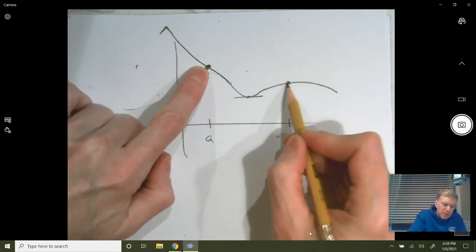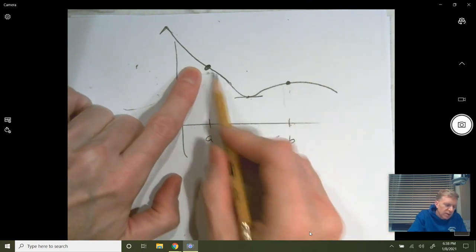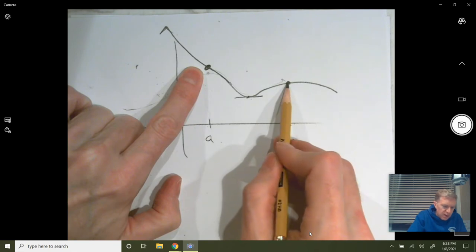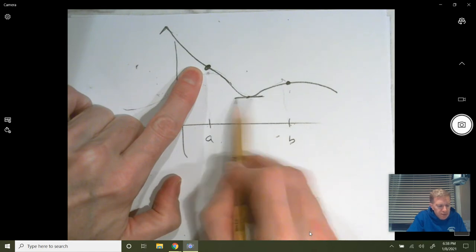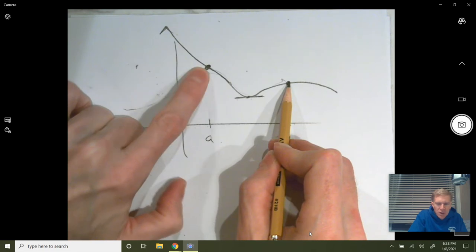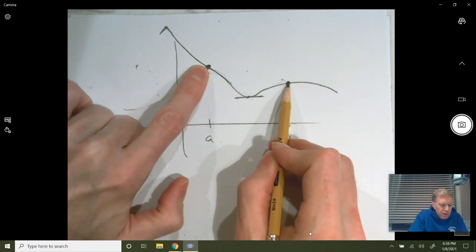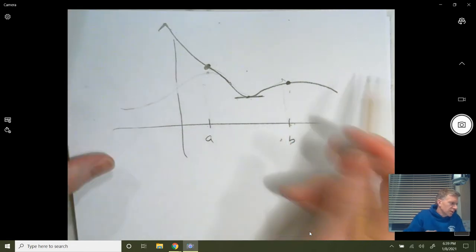This one you have to test also, even though it ends up not being an absolute max or an absolute min, okay? So you have to find where your derivative equals 0 or is undefined to find any possible max or mins inside your interval, but then you also have to test the two endpoints to see if one of those might have a value that's bigger than or smaller than any extrema on the interval.